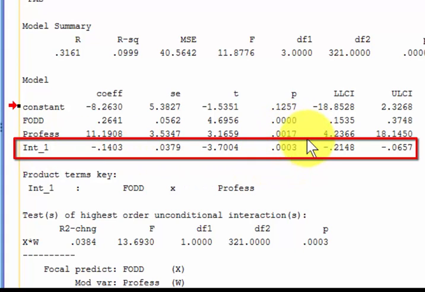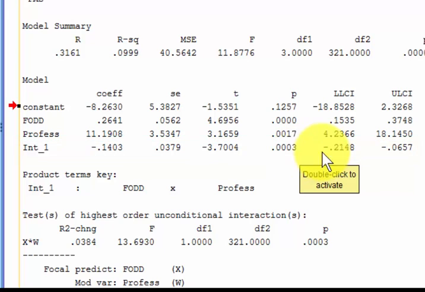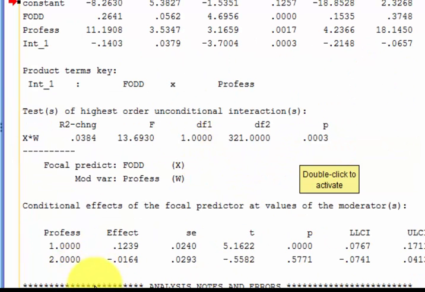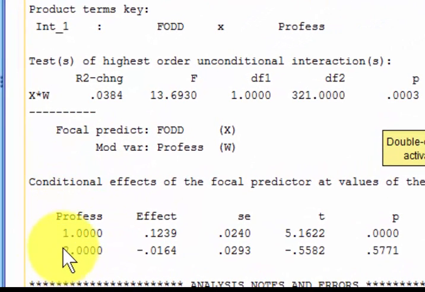It is significant, which means that the relationship between FOD and POS is only significant for either the medical or the mental. Now we're going to go down here to the different models, and it'll tell us. This first one is medical. For the medical profession only, it is significant, right?